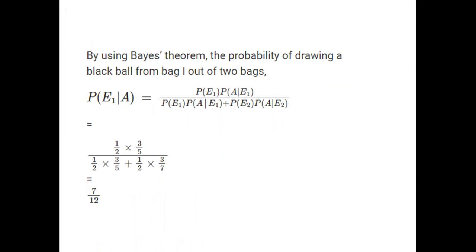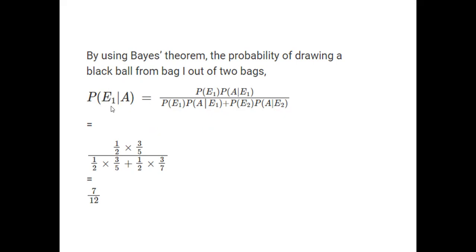So by using Bayes' theorem, the probability of drawing a black ball from bag 1 out of 2 bags, I wanted to check whether that bag is the first bag or not.